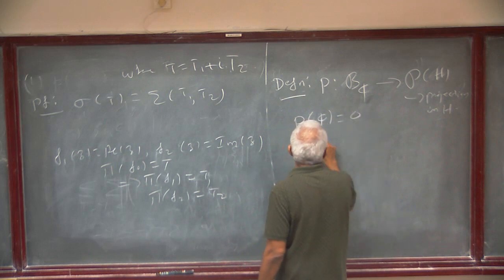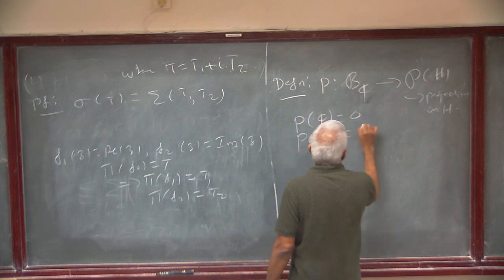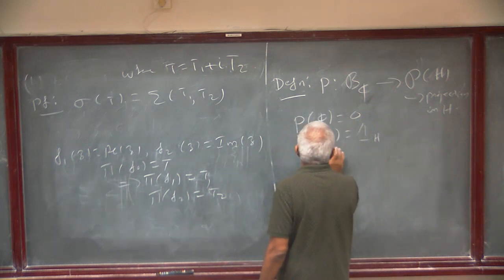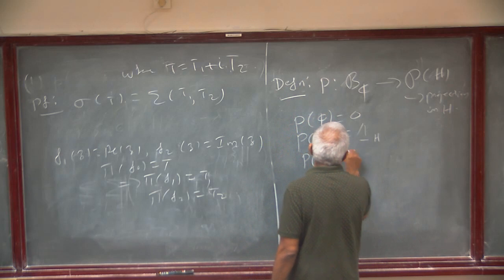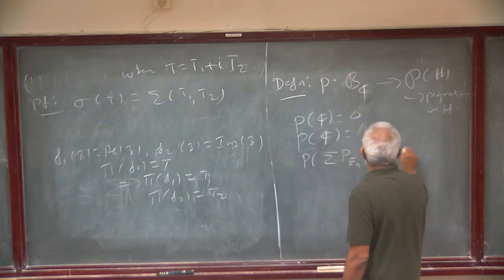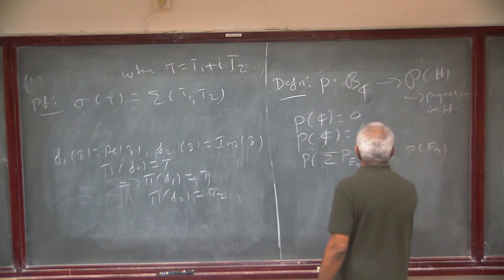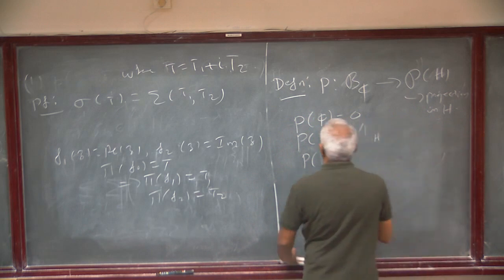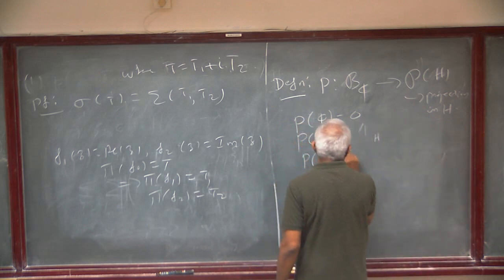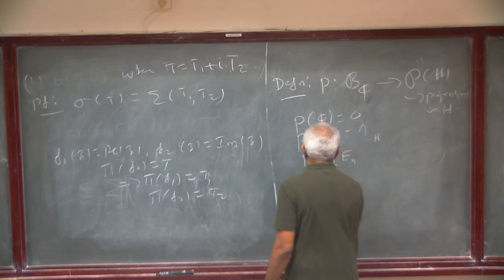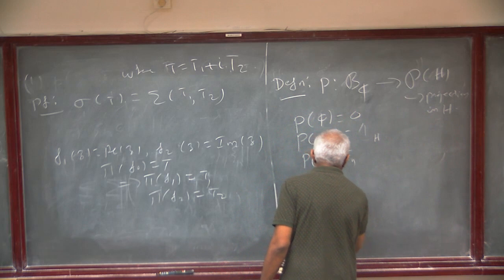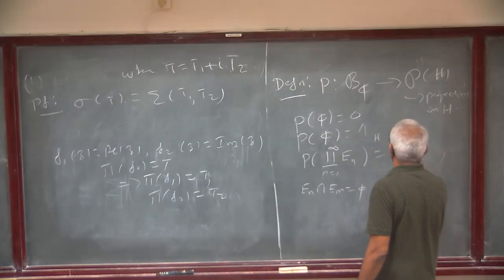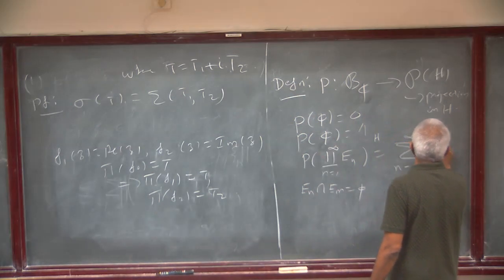P of the whole set should be equal to the identity, and P of the disjoint union of En is equal to the summation n equal to 1 to infinity of P of En.